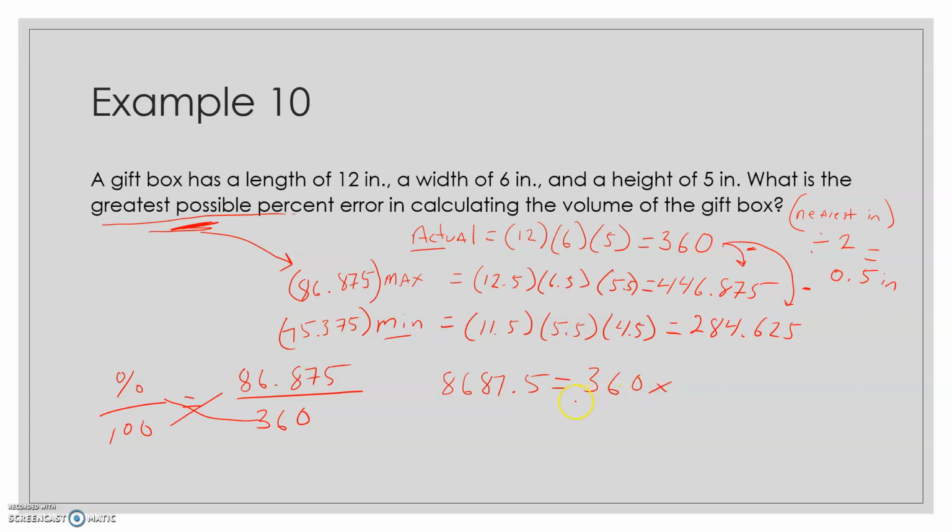And then we solve for the variable. We're going to divide by 360 on both sides to get rid of that. And we find that x is equal to about 24%. So the greatest possible percent error was the question. The greatest possible percent would be about 24%.